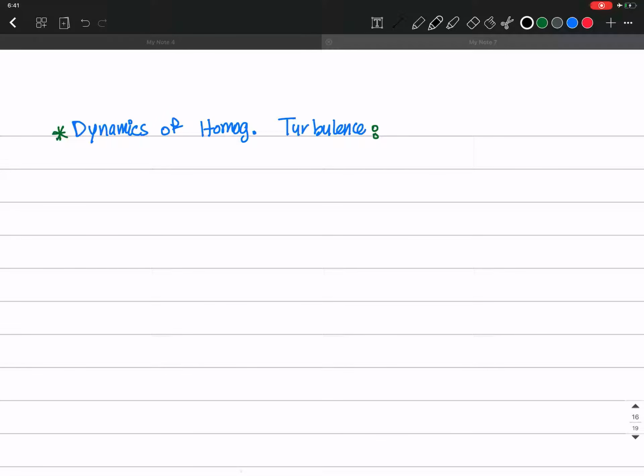So the first thing that I want to do is to define these two instantaneous fluctuating velocities. So ui is defined at two locations in the flow.